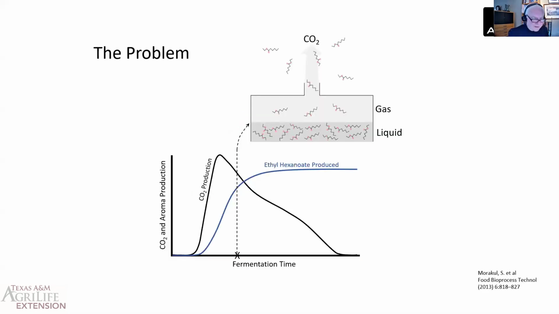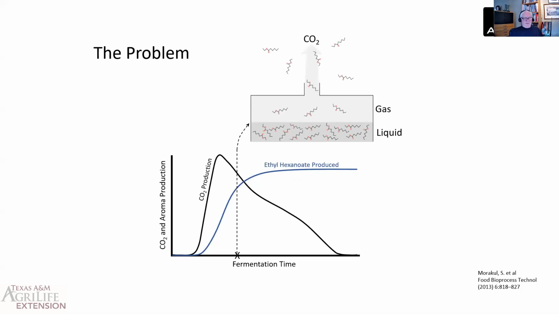So what is the problem that I eventually tried to address? Well, you've heard about it already. This slide shows a tank of must being fermented, and the must contains some ethyl hexanoate in the liquid and some in the headspace or the gas phase above the wine as well.